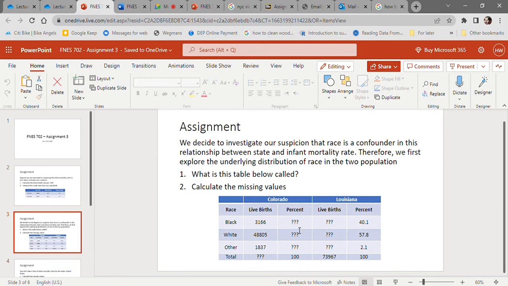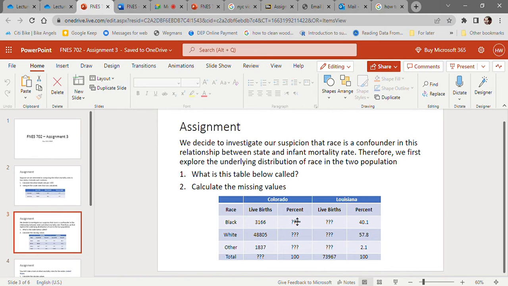And now what we have here are called column percentages. How would we calculate this column percentage? You would do 3,166 divided by the total. That's going to give you the percentage of black individuals.